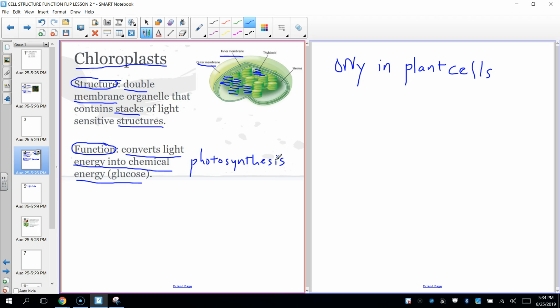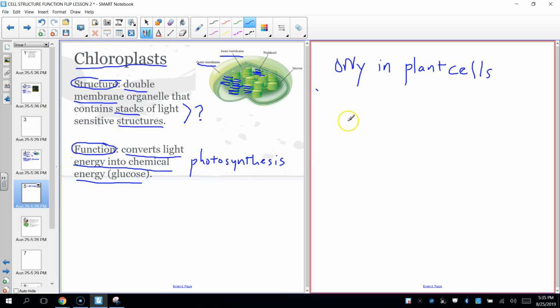Okay, photosynthesis. So again, the structure, it has a double membrane. It has stacks of structures within it. And what do you actually think that all of these surfaces help with? There's a ton of surface in here, right?